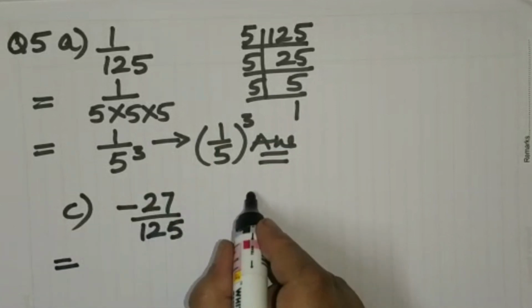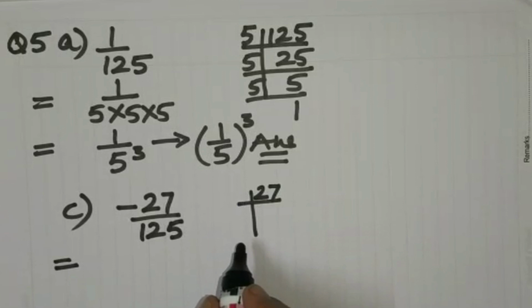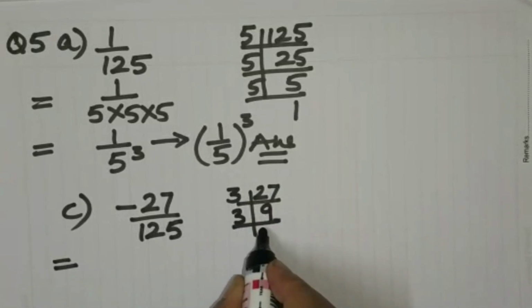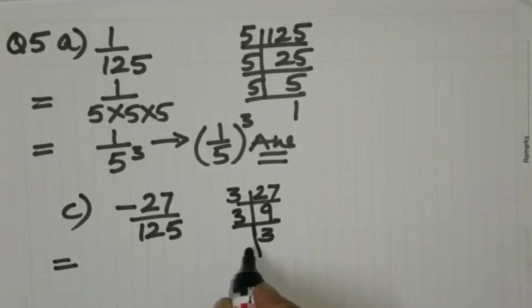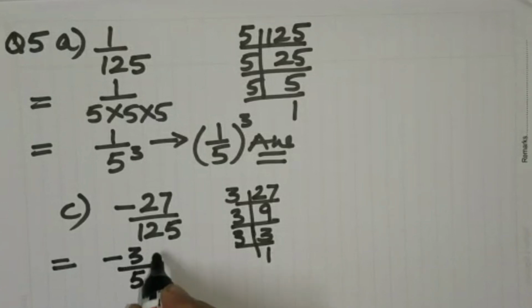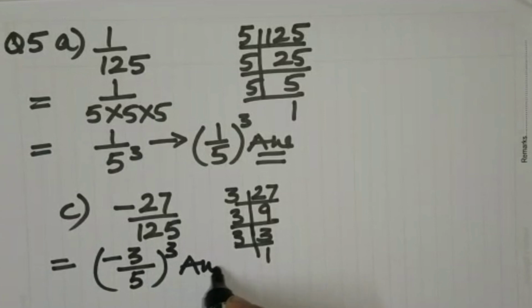And 27 we see as prime factors, means 3 9s, 3 3s, and 3 1s. It means minus sign, 3 upon 5 raised to power 3. Answer.